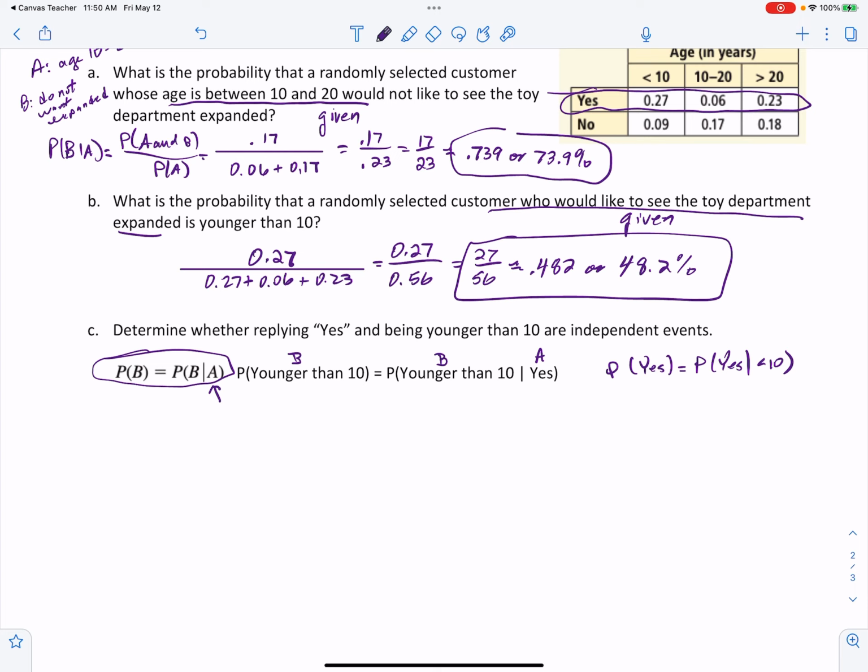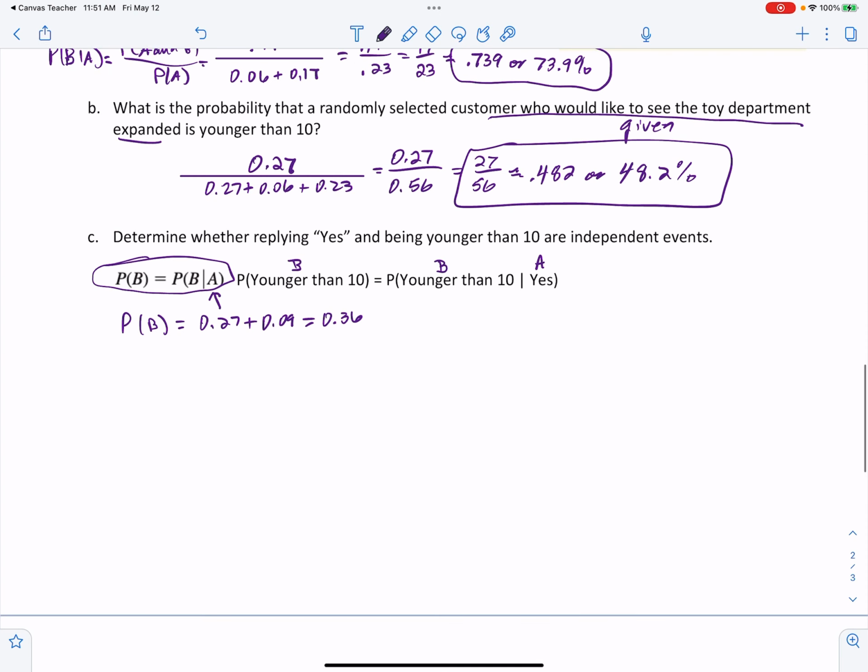You're still going to test the same thing, so it's your choice, but we just need to show one of them, not both. All right, so the probability that they are younger than 10 is the sum of 0.27 and 0.09, which is 0.36. That's the probability that they are younger than 10.